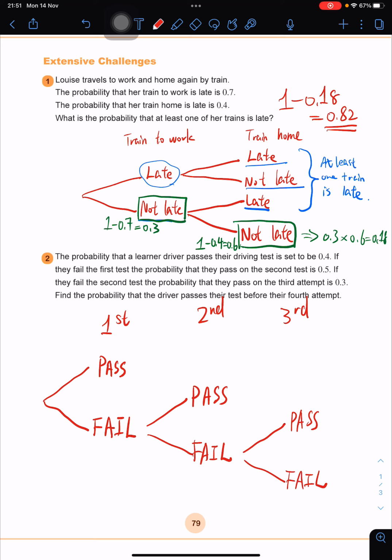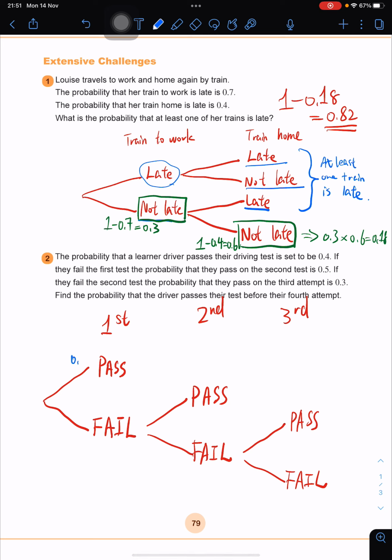The question is asking for the probability that the driver passes their test before their fourth attempt, which means that unless the driver fails in three consecutive attempts, the driver is definitely going to pass the test. Now let's write down the probabilities for passing or not passing each time.